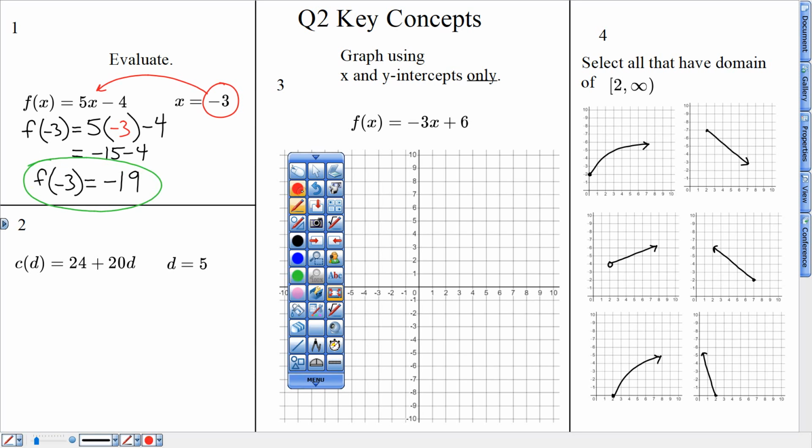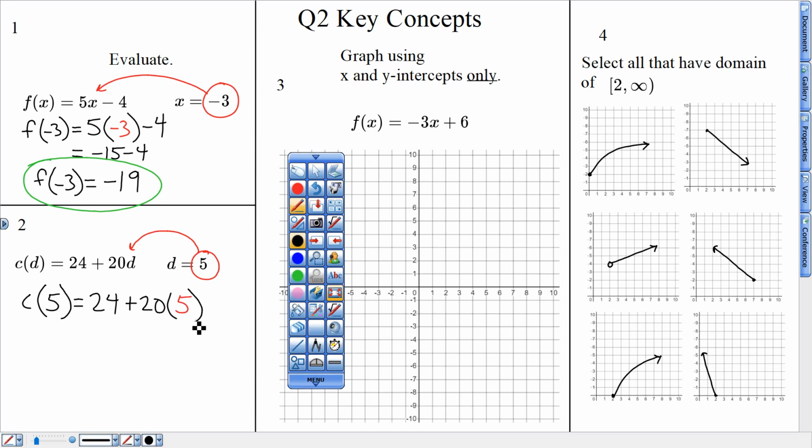This next one, you're taking this value and plugging it into the D spot, not into the X spot. First word is gray. Gray. Thanks for listening. So to show this one, you show C when D is 5. I put the 5 right there, 24 plus 20 times that. I put the number that I'm timesing right here next to that 20.